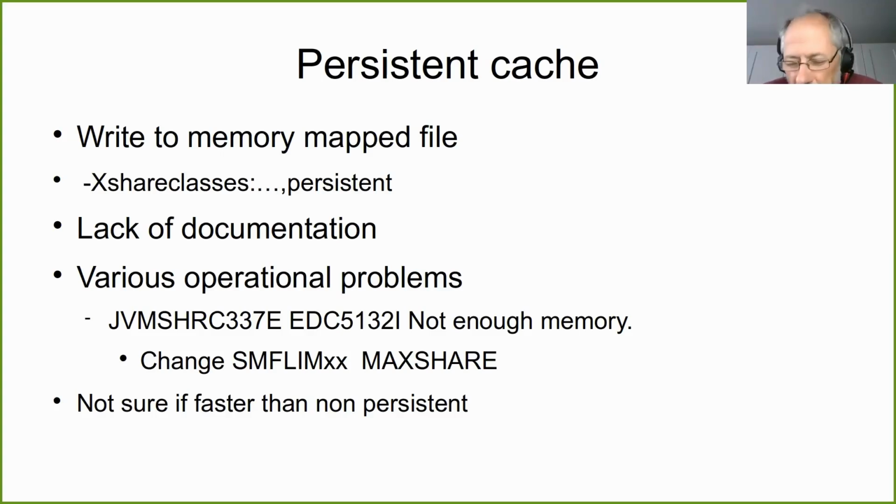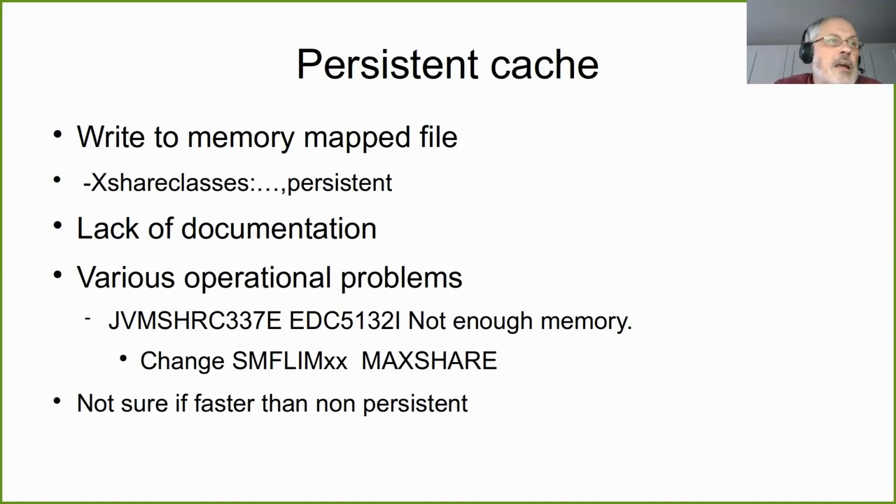And as far as I can see, every time you update the memory mapped file, it does a file IO. So to me, this feels slower than using the pure in-memory copy. It may be that it's actually slower than the non-persistent cache, which explains why there's not much documentation on it.